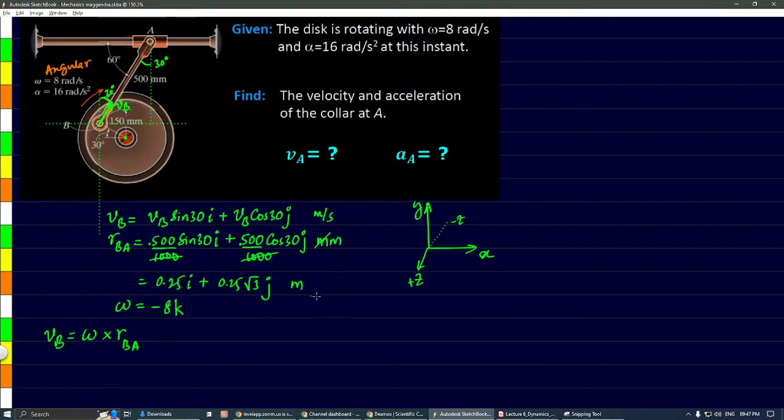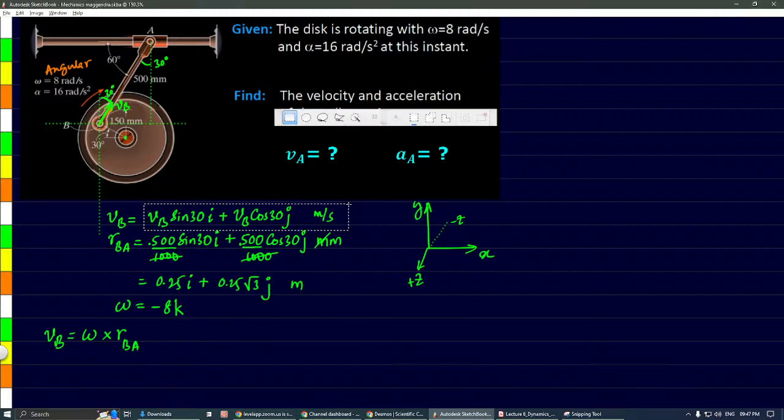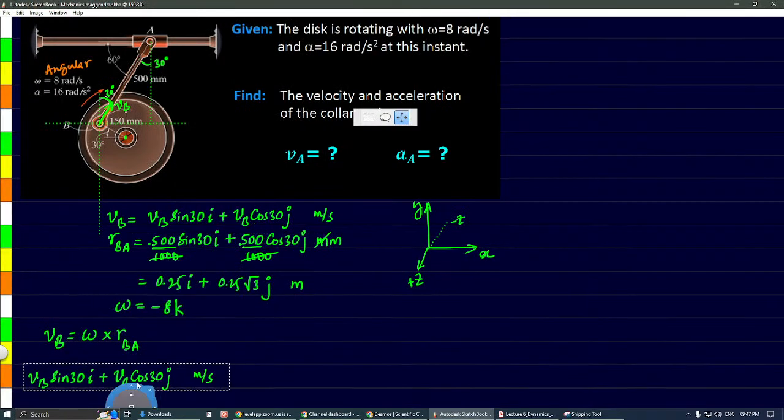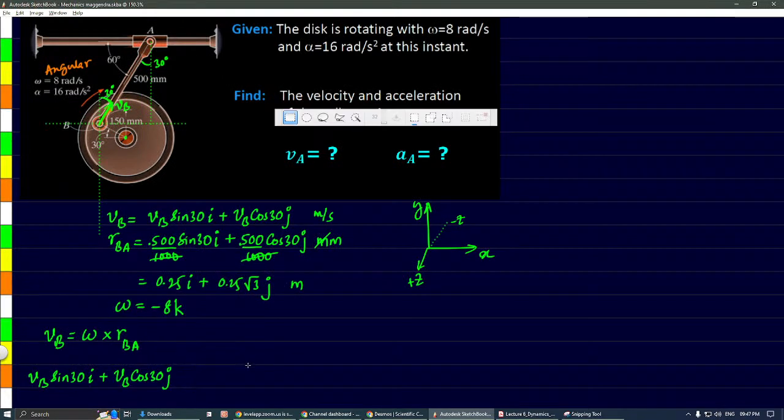Now substitute all the equations we found. First is this one. Take it as it is, the VB in meters per second.